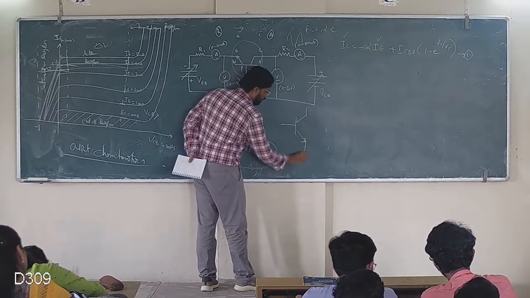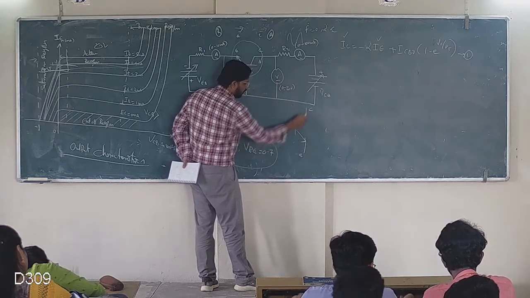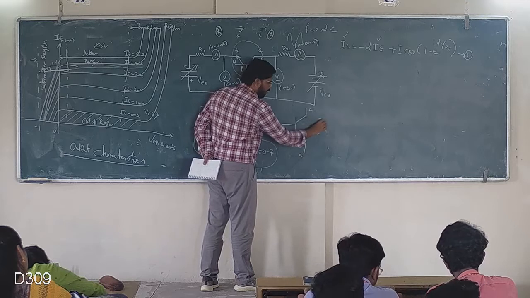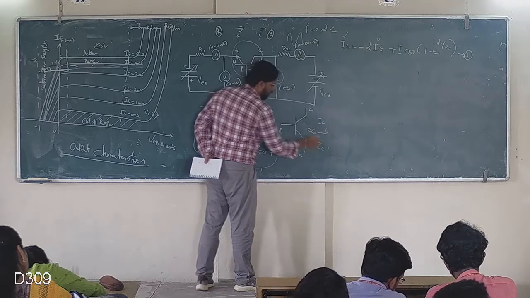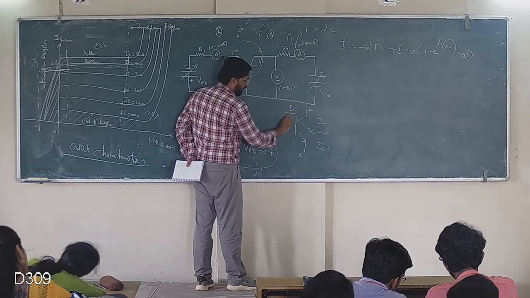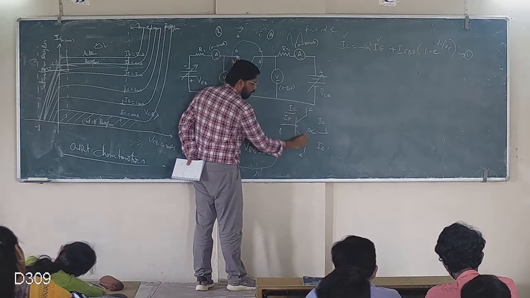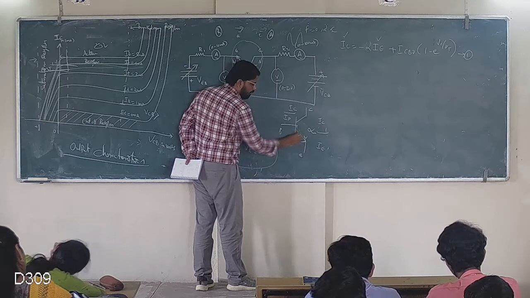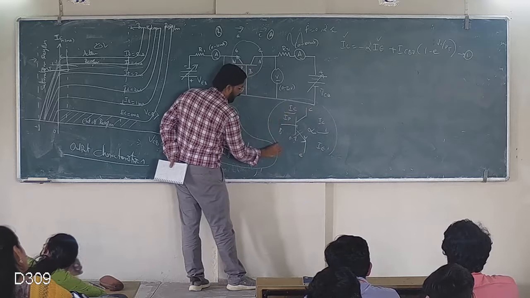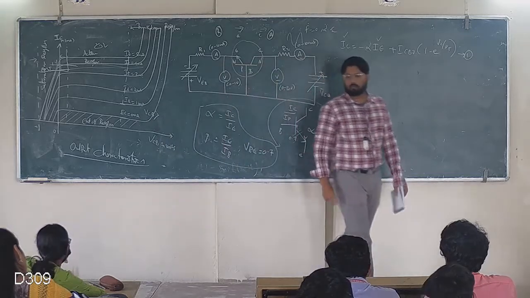Emitter, collector, base. So what is the ratio for alpha? IC by IE. The ratio for this one is IC divided by IB. What is the junction? PN. PN has the barrier potential of 0.7. So in the anti-clockwise format, I could remember it this way.